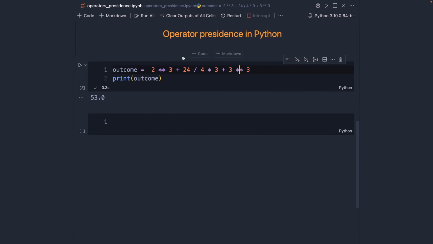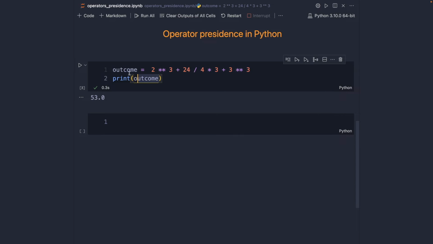So if you have multiple exponentiation operations in an expression, they will be evaluated from right to left. Whatever is the rightmost will be evaluated first, if there are more exponentiation operators in between, they will be evaluated right to left, and whatever is the leftmost will be evaluated in the end.